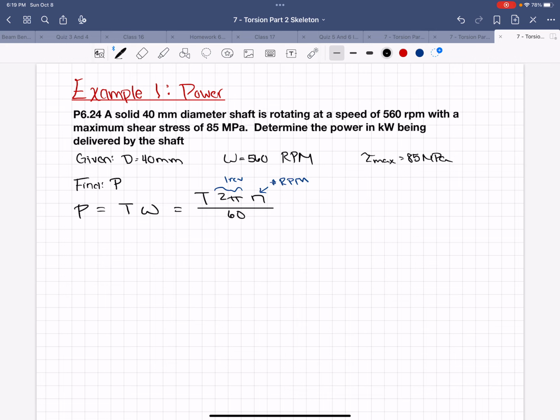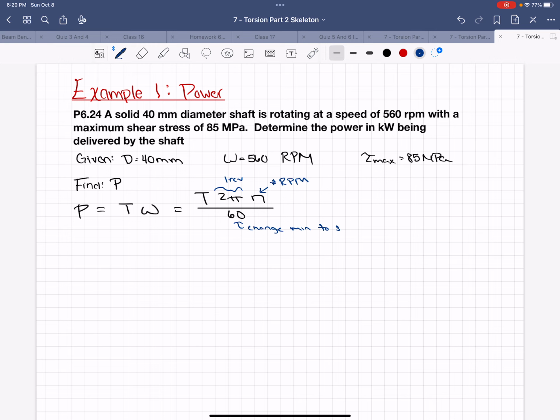So all this equation does is that 60 is because we are changing minutes to seconds. So this equation just does all your converting of RPMs to revolutions per second, because that's what we use in omega.